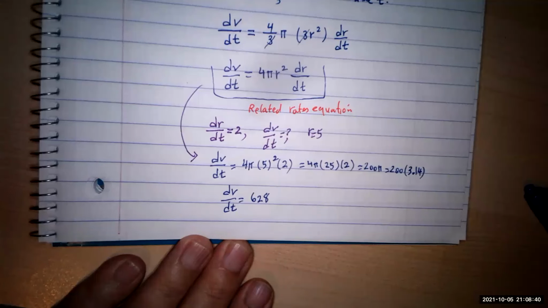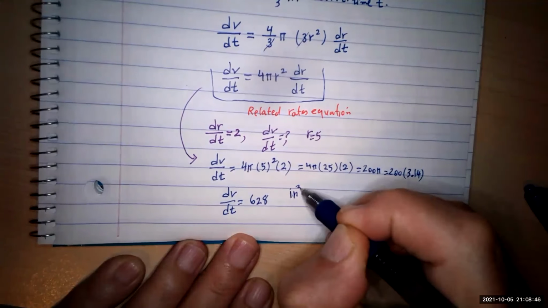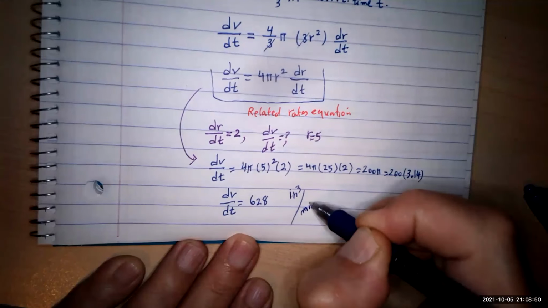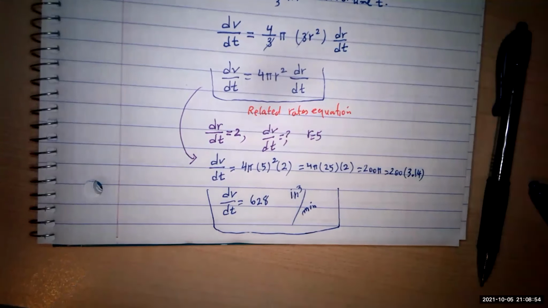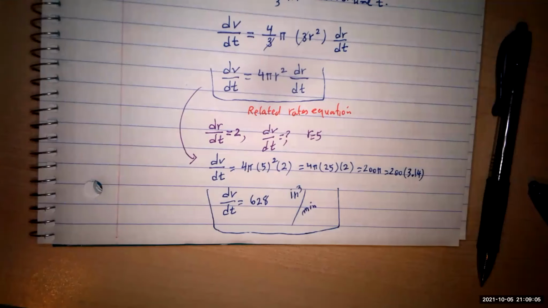Volume is going to be cubic inches, or inches cubed, per what? Per minute. So you have to give us the unit. The volume is cubed because you multiply 3 times by itself, and the time is minutes because they talk about minutes. So you have to write the unit on the test.